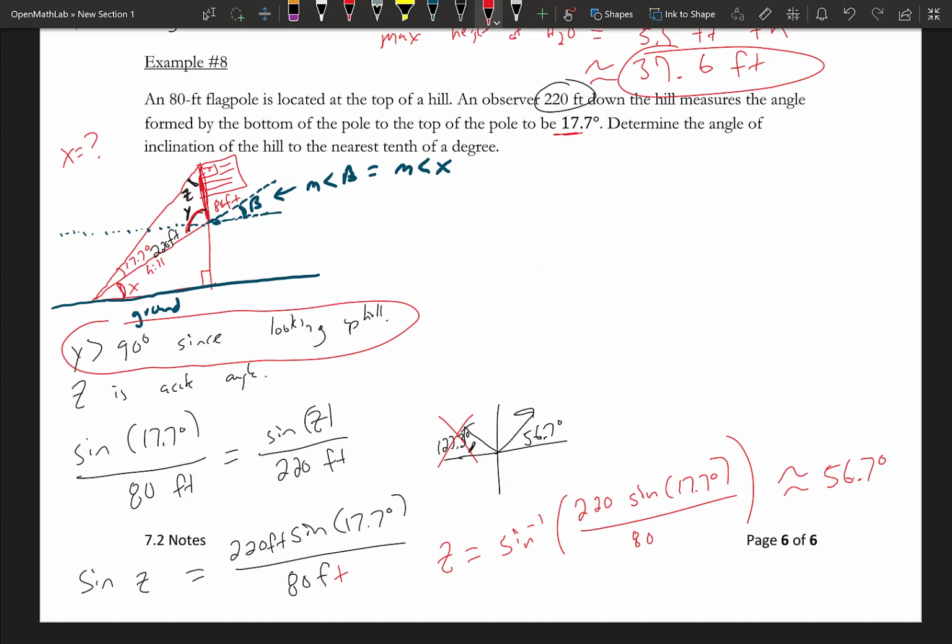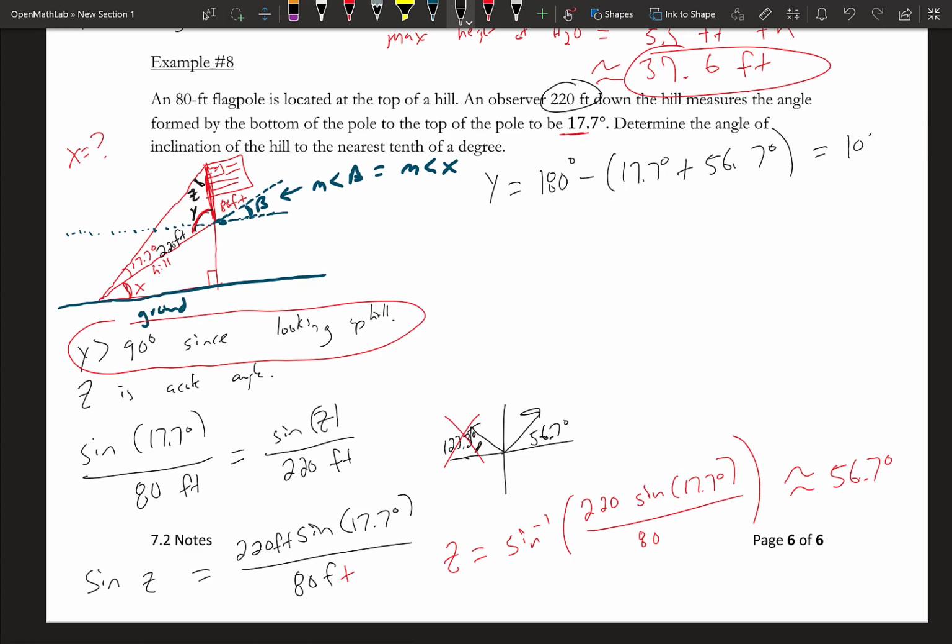So now that I know z, I can figure out what y is. So y is going to be equal to 180 minus the sum of 17.7 degrees plus 56.7 degrees. If you do that in your calculator, that comes out to be 105.6 degrees.